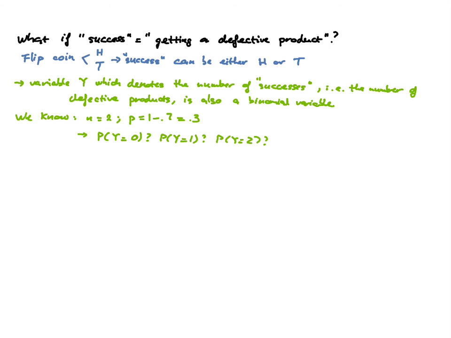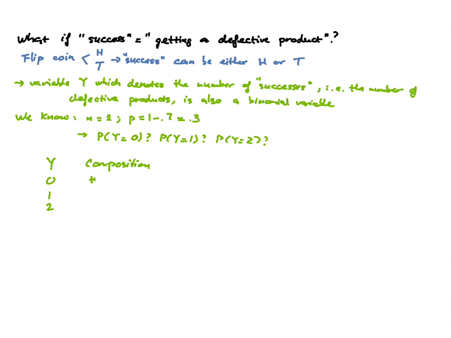Let me put this in the table. Right, so y here I have 0, 1, and 2. Let me have the composition column. Now when I have 0 defective products, that means that I have 2 acceptable products, right?